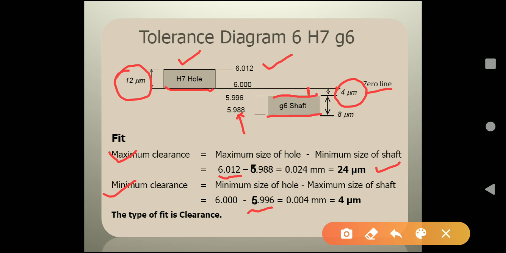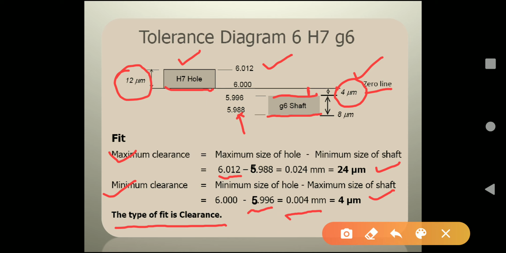So it becomes 4 micron, which is nothing but our fundamental deviation of the shaft. So the minimum clearance is 4 micron and the maximum clearance is 24 micron. So you can directly say that this type of fit is called a clearance fit. Likewise, you can calculate the tolerance zone of any type of fit with given standard designations.